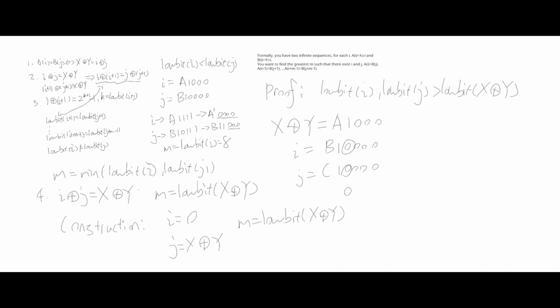However, the bit of X XOR Y will give us 1, which means that I XOR J is not equal to X XOR Y. So this is false. Therefore, because of the construction and the proof, M must be the low bit of X XOR Y. So the problem is over, and thank you for listening.